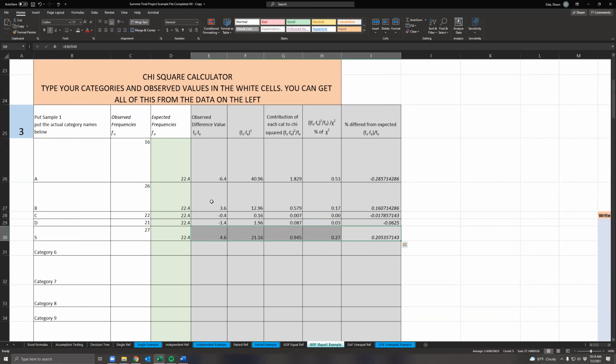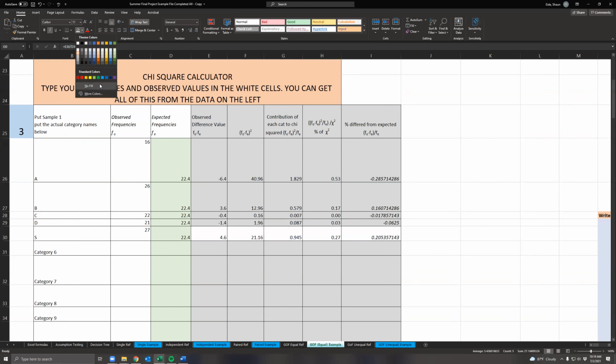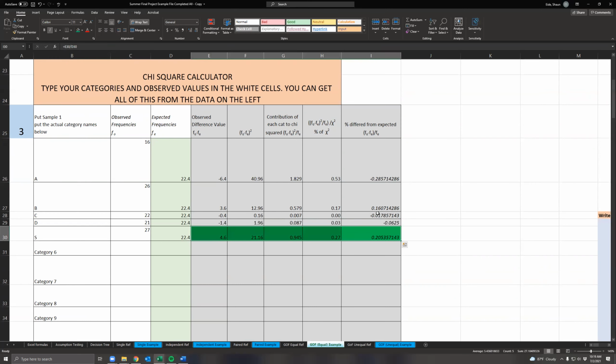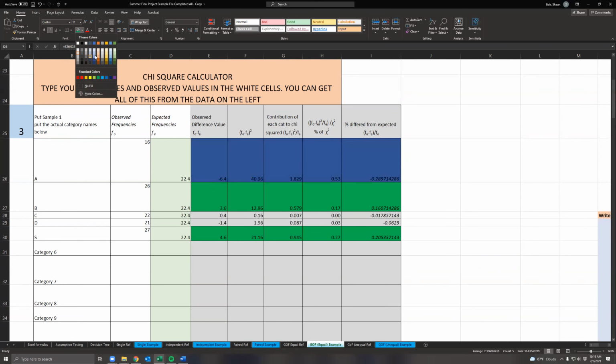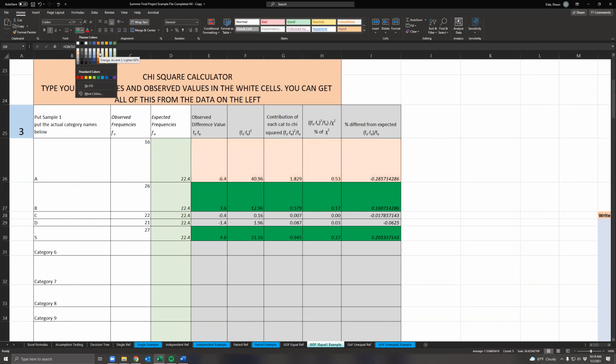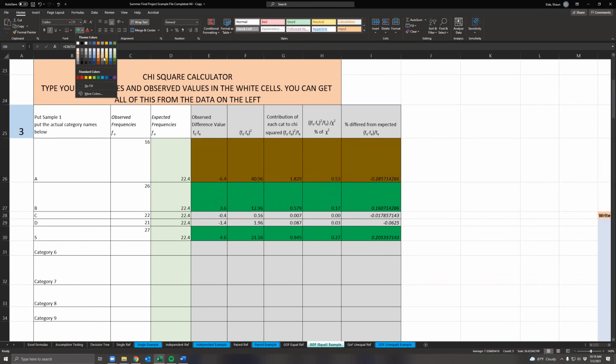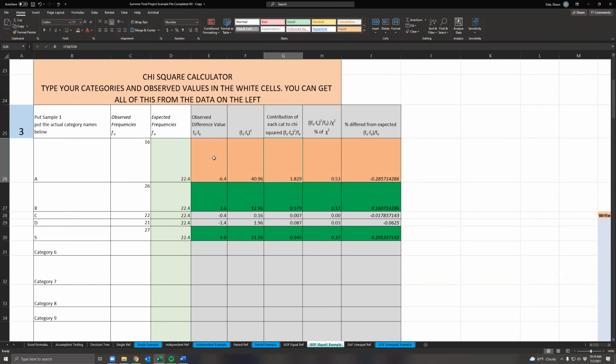And something that I like to do is I like to highlight these in green if they're above, just because it helps me to keep up with, okay, what is it that I'm looking at? And then I like to highlight them in some shade of red if they're below. So if I see red, it's like, okay, they're below. If I see green, they're greater.